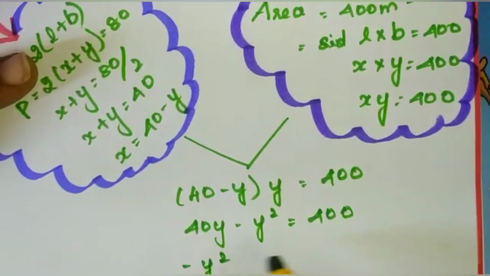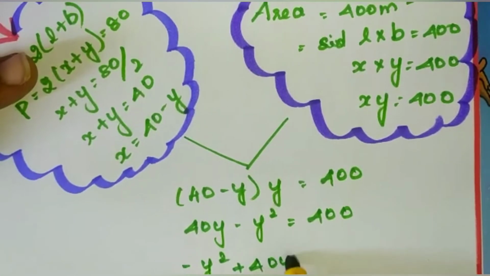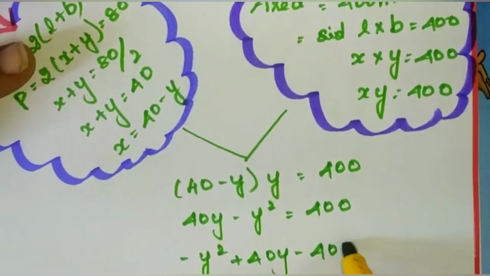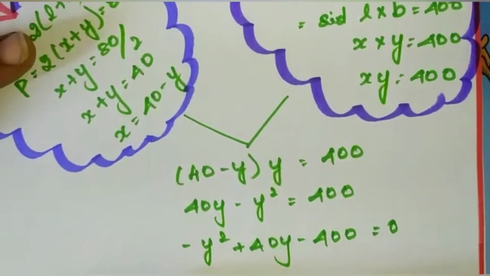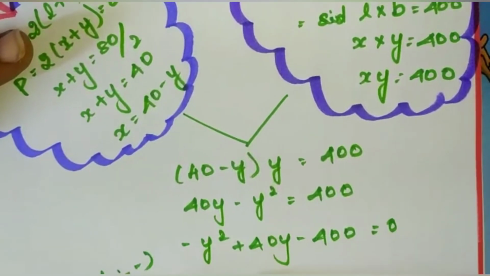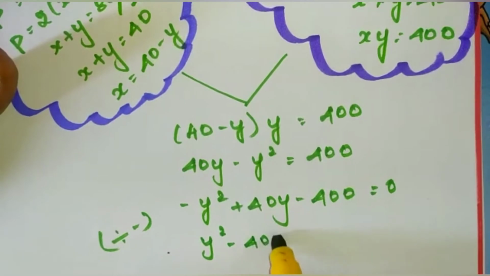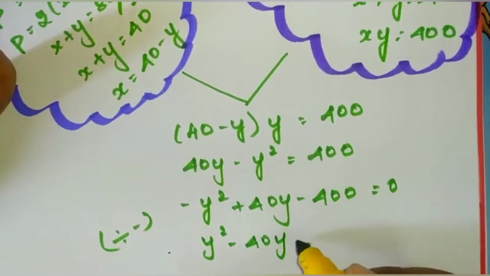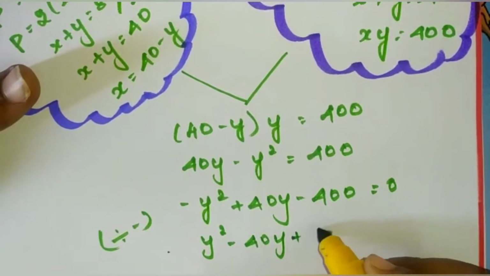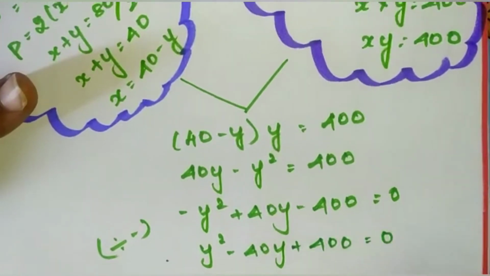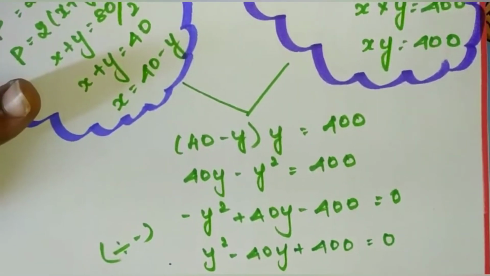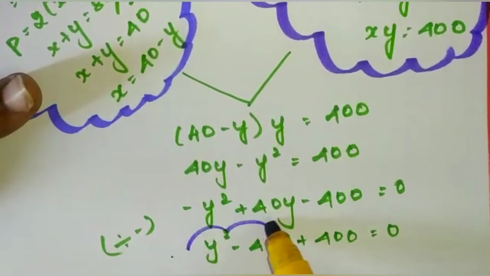So minus y square plus 40y minus 400 is equal to 0. Here I have negative, so I'm going to divide by negative. y square minus 40y plus 400 is equal to 0. This is a quadratic equation.